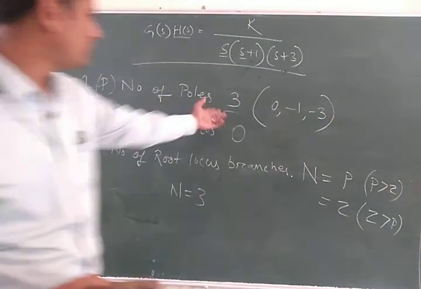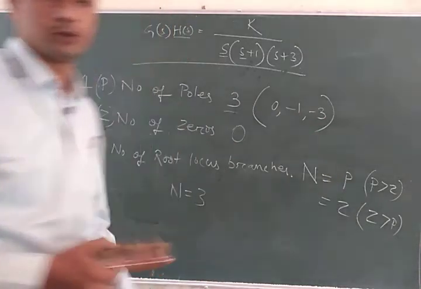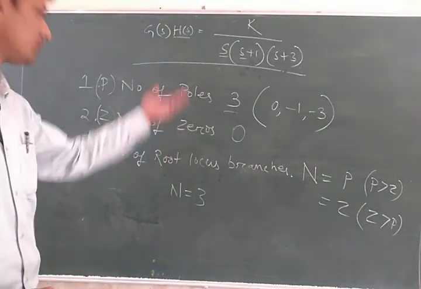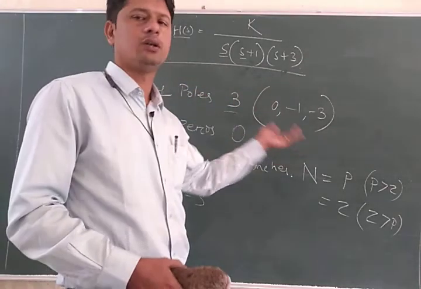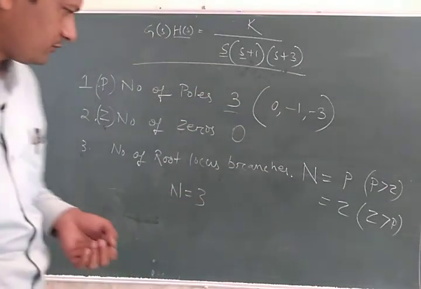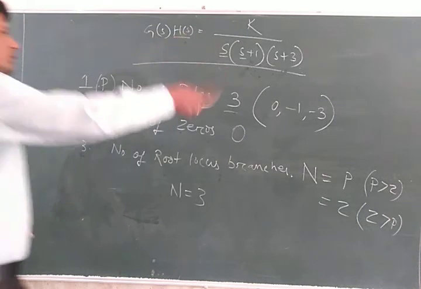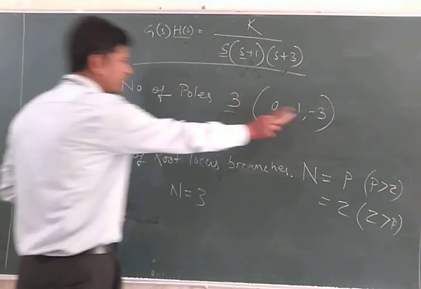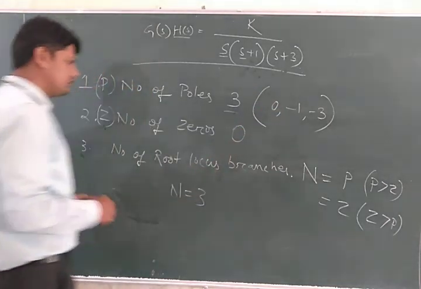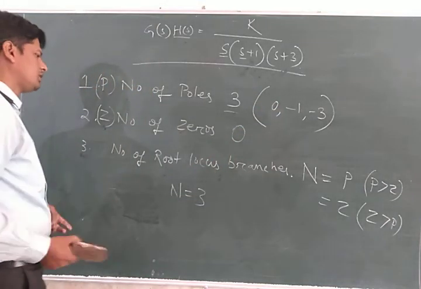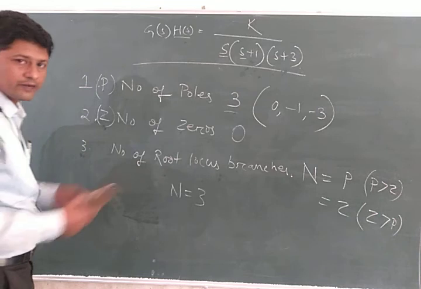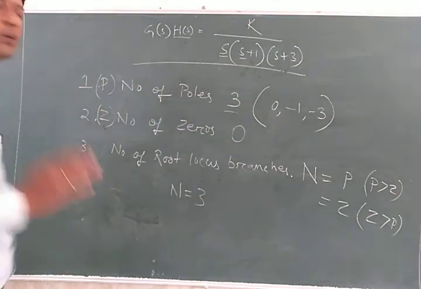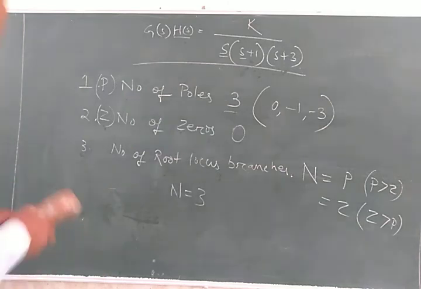In the poles we can encounter complex conjugate pairs, and similarly in zeros we can encounter complex roots. But in this problem we have only real poles and no zeros. The number of root locus branches is N equals 3, so 3 root locus branches we have to draw.